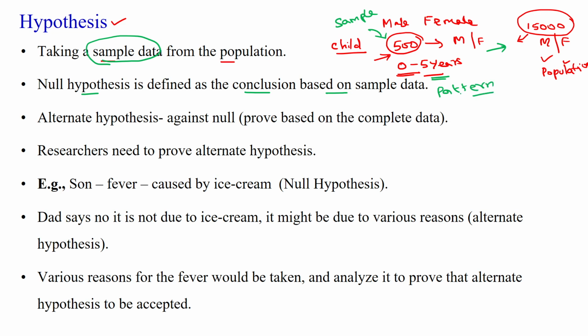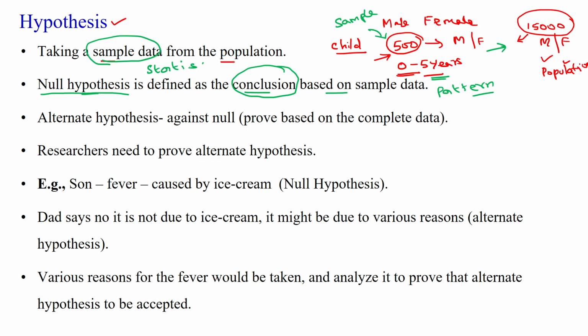Suppose a new person comes to that home or village and the child meets them; the child has some solution in mind to conclude that the person may be male or female. That is called the null hypothesis. The null hypothesis will not have a statistical measure to identify the relationship between the two variables.